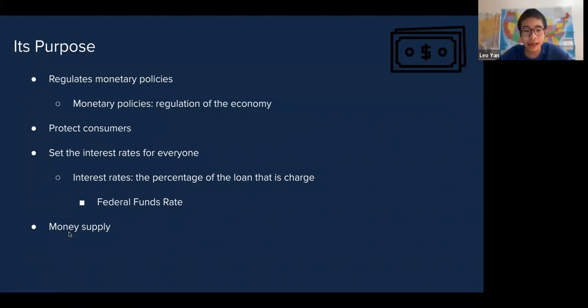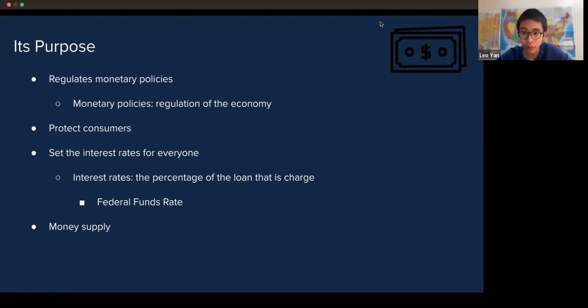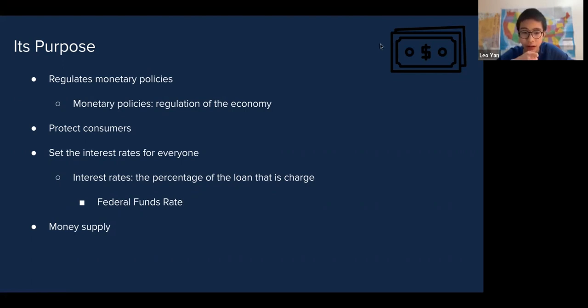This essentially is how they can do all the things mentioned above. The Federal Reserve doesn't directly have the power to change these things that are required by law, but they do have one key power that allows them to play those roles, and that is they decide how much money is printed. They decide how much money should go into the economy.